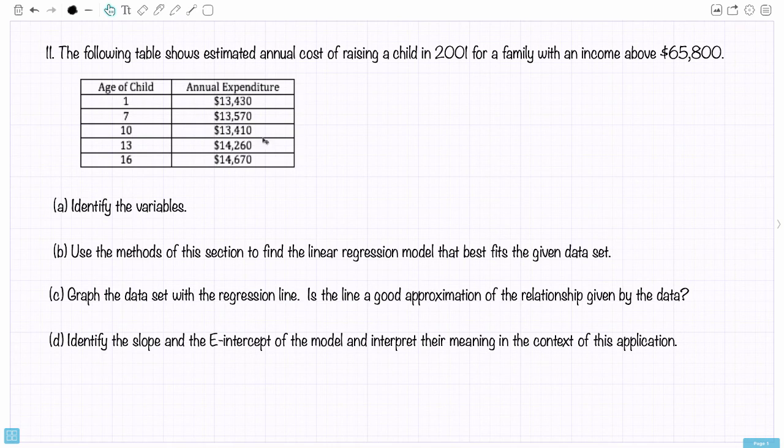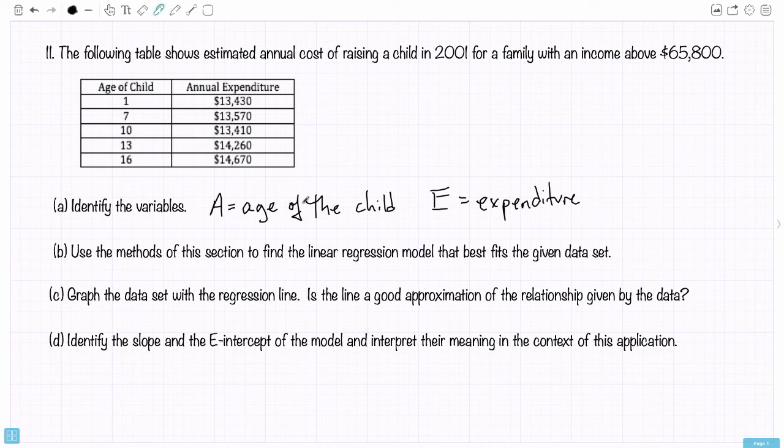Okay, for identifying the variables, you could really use any variable you want. You could go with X and Y, kind of the standard. You can also use letters that might be suggestive of the meaning of the variable that help keep track of what's what. Let's do that. We'll say A is the age of the child, and E is the expenditure or cost.